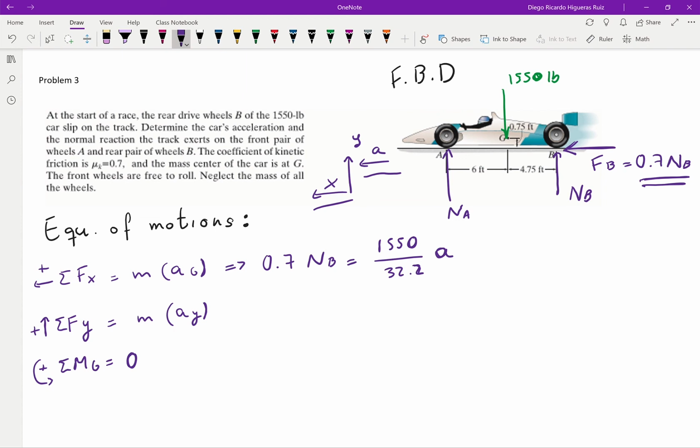So I believe the acceleration is one of the things that we need to calculate. So determine the car's acceleration, normal reaction on the front pair of wheels A and rear pair of wheels B. Alright, so we got our first equation right here.